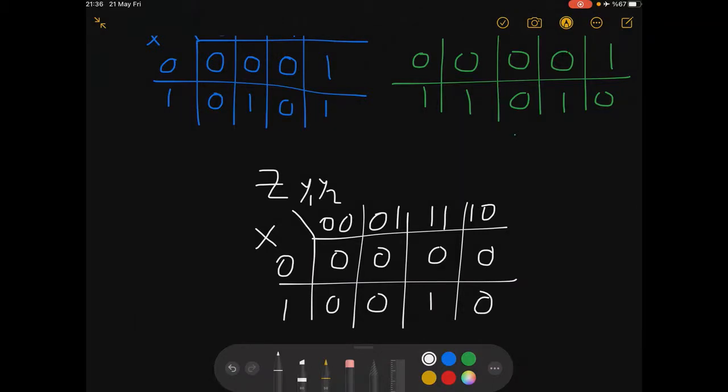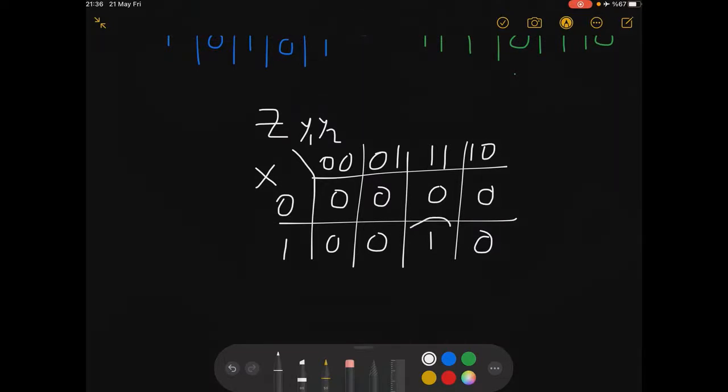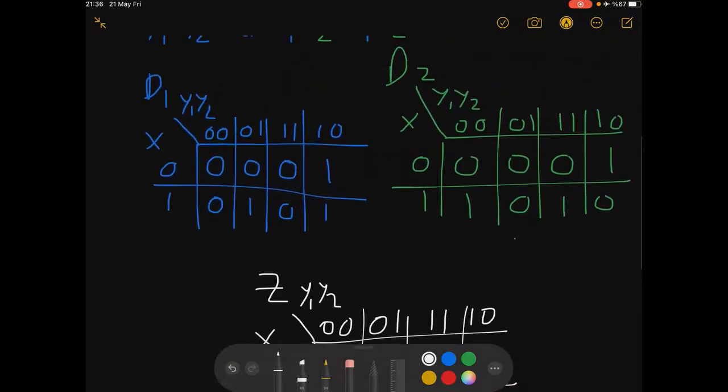Okay, for the output, I think the most straightforward one is your z, right? What is your z? That should be x times y1, y2. All right, it's pretty straightforward. And for the blue one, that should be this one and this one, right?